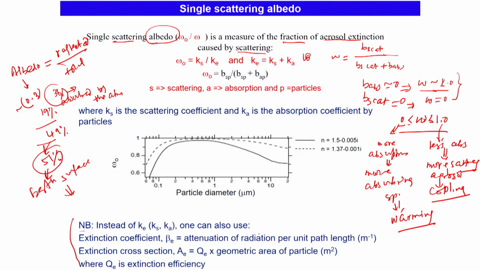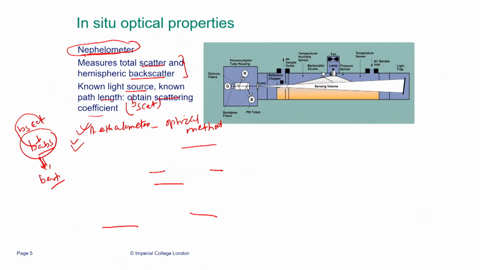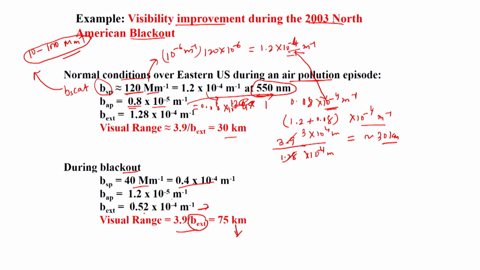This we have already discussed, so let us not discuss it again here. I will just give the example. In the previous example, if you remember, we calculated that during the pollution days our V extinction was about 1.28 times 10 to the power minus 4, and the absorption was about 0.08 times 10 to the power minus 4.